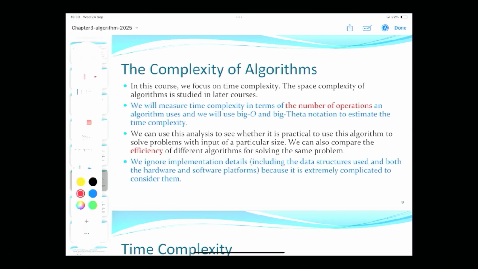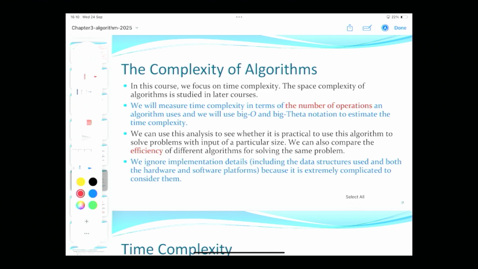About the time, it is not exactly about how many minutes or hours it takes to solve the problem, because that directly depends on your machine, your computer, how fast it is. Different machines would take different amounts of time to complete the problem.